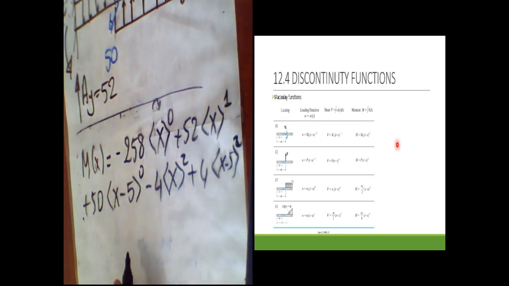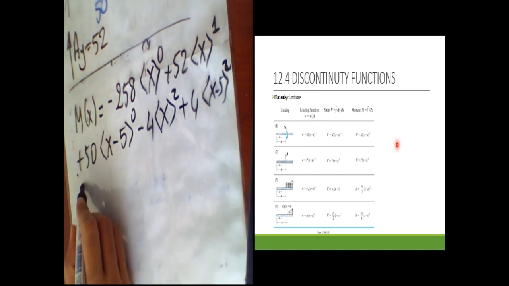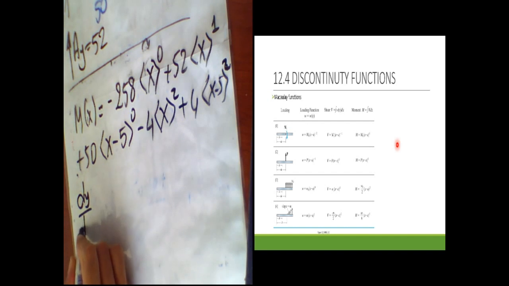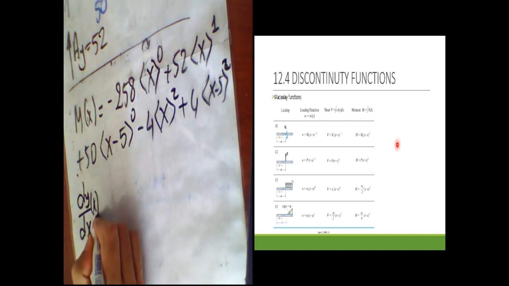If I do one more integration, we can obtain the slope function. So one more integration, we apply dy divided by dx, times 1 over EI.